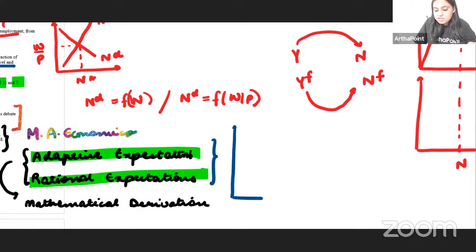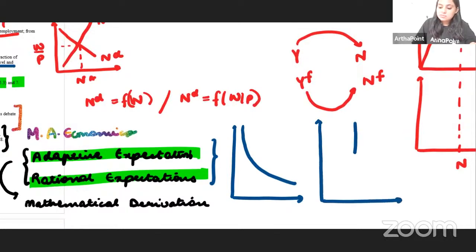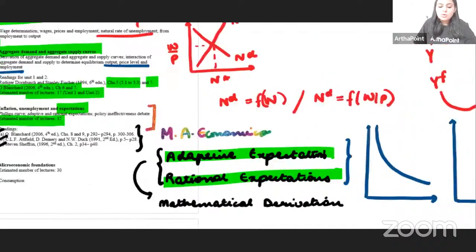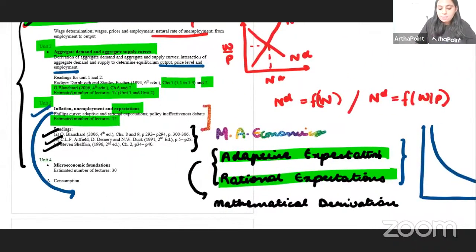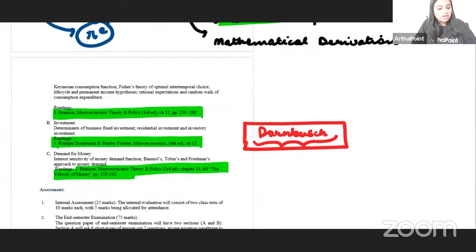Whether I would see an inverse shape or I would see vertical Phillips curve is also dependent on what kind of expectations people have. So we will see the role of pi e, expected value of inflation, in the Phillips curve also. Next.